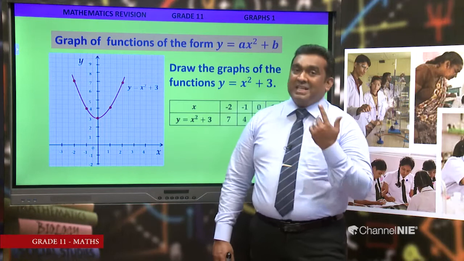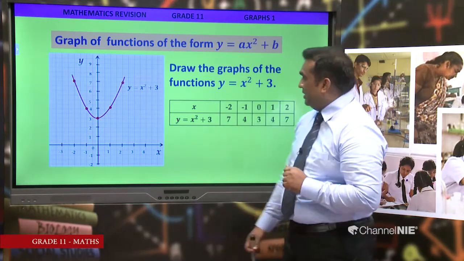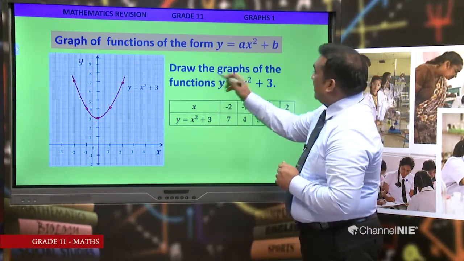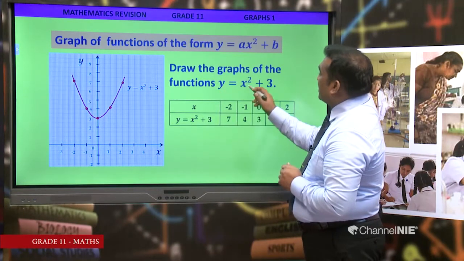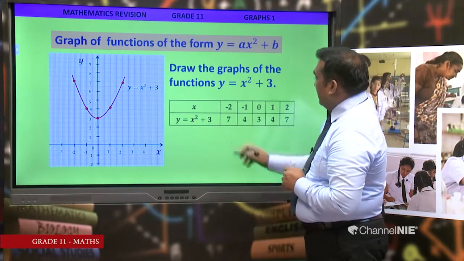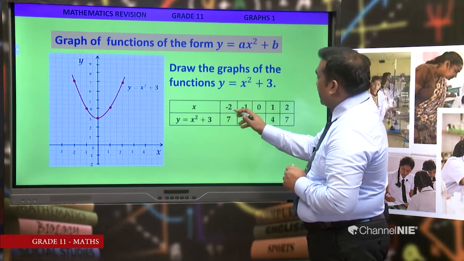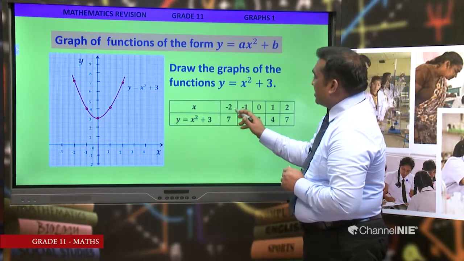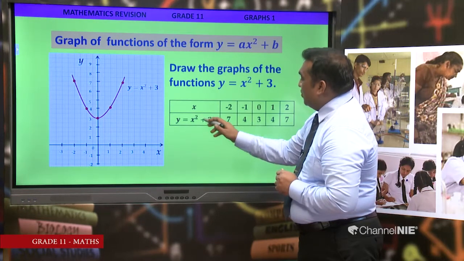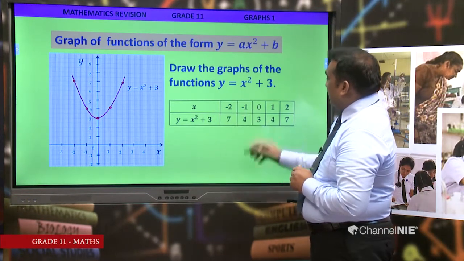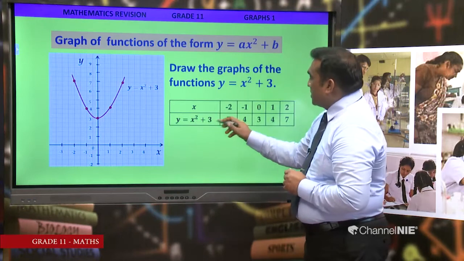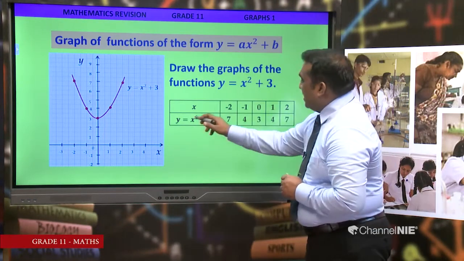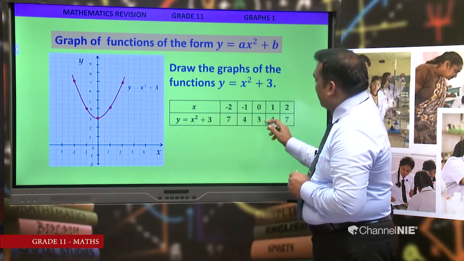If you consider the maximum one, we will see it. Now draw the graph of the function y equals x squared plus 3. You have to select minus 2 to plus 2. When x equals minus 2, minus 2 squared is 4, plus 3 is 7. Here minus 1 squared is 1, plus 3 is 4. 0 squared means 0, plus 3 is 3.